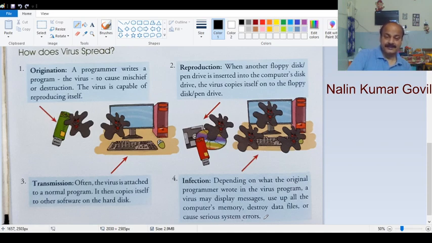What are the functions of the virus? If its function is to destroy the hardware, then it destroys the hardware. If its aim is to remove the files from the hard disk, then it removes the files from the hard disk.